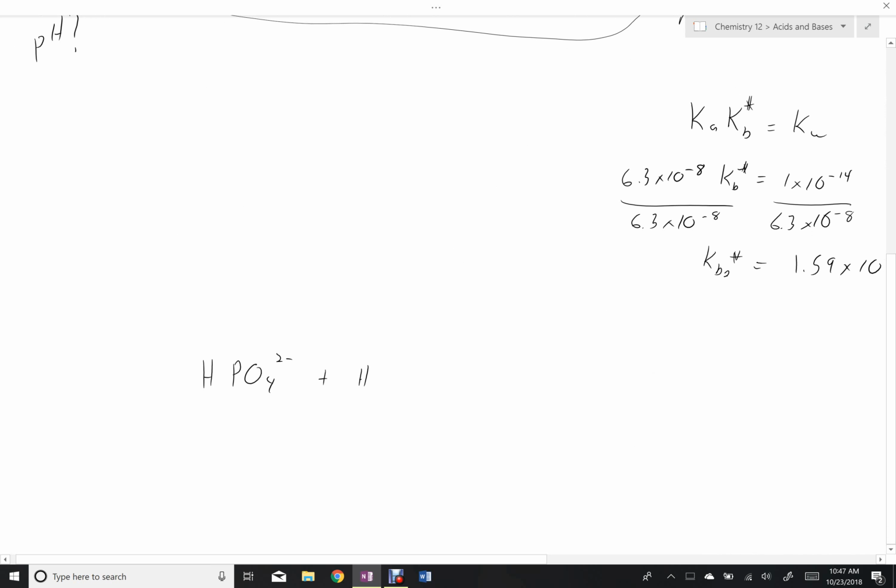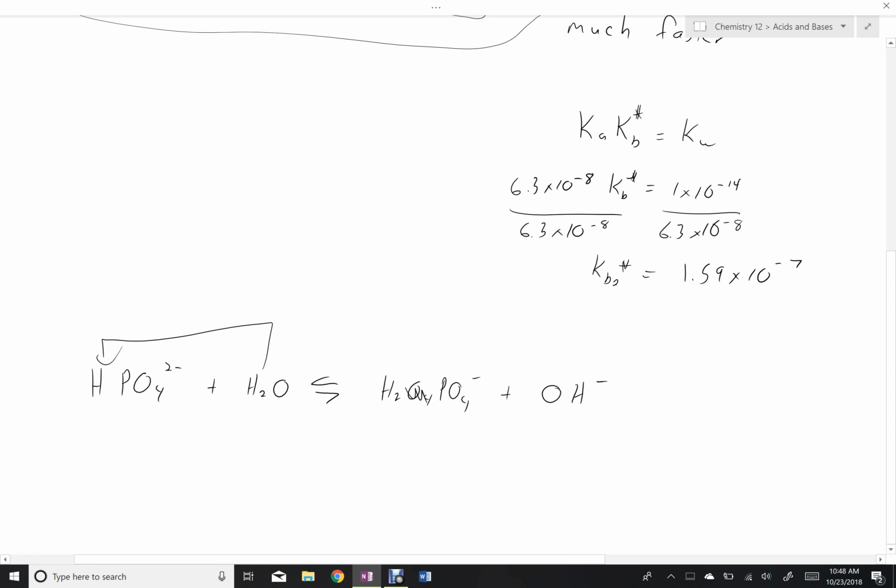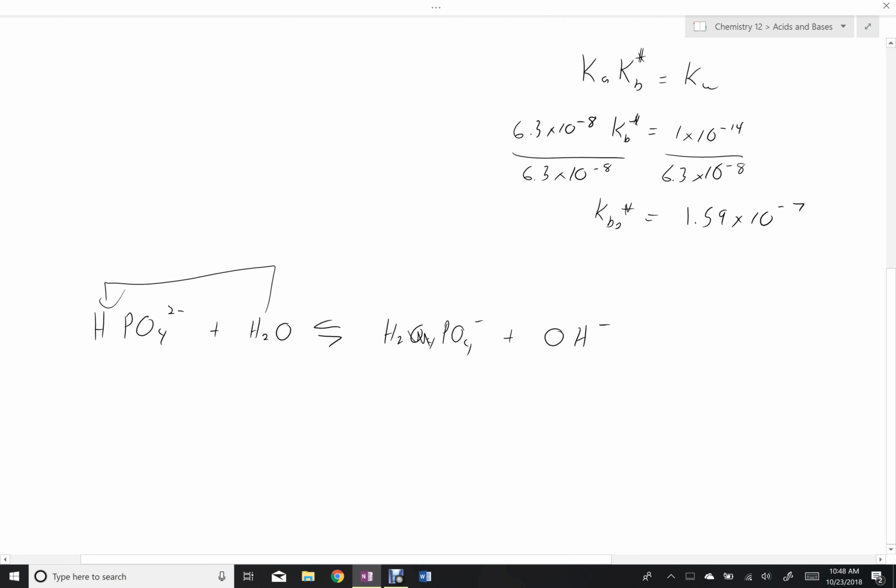So it is the conjugate process, HPO4 2- going back to H2PO4-, becoming hydroxide as it accepts that proton. And the Kb for this is given right here. And I'm saying, just for the sake of having a question to do, that this is 0.2 molar.